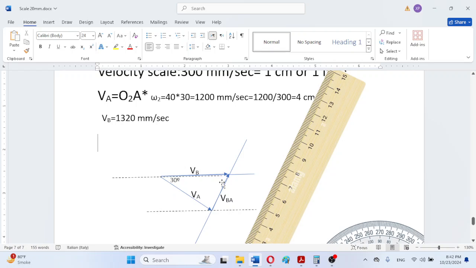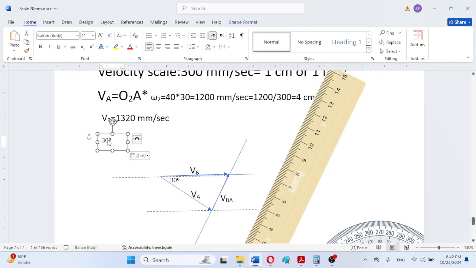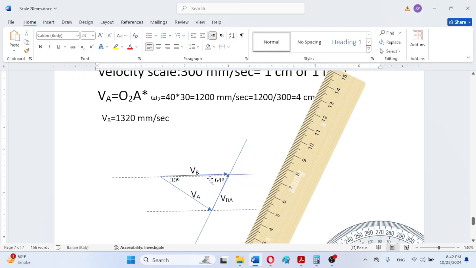So we can simply copy this, change it here to 64, and put it here, because this angle of 64 and the angle between this VBA line and the horizontal are alternate angles, and these are quite equal.